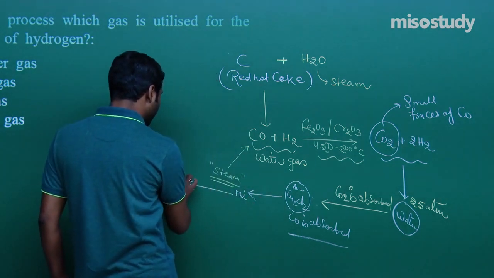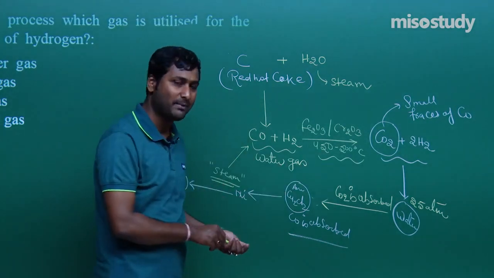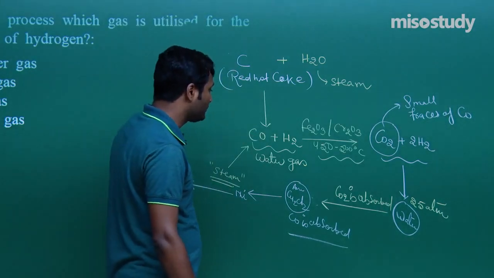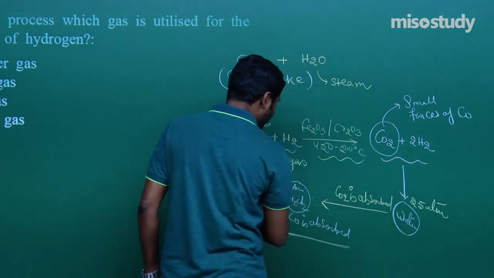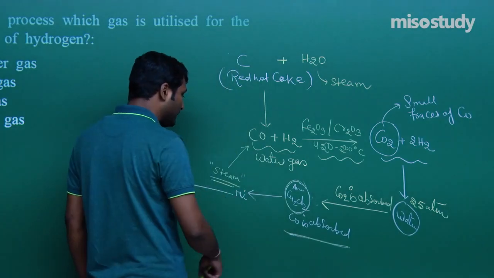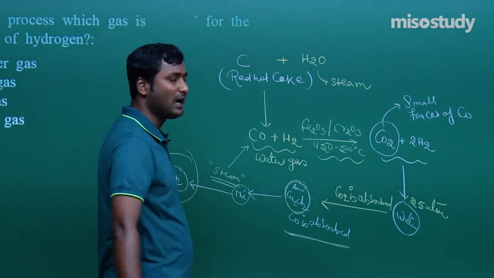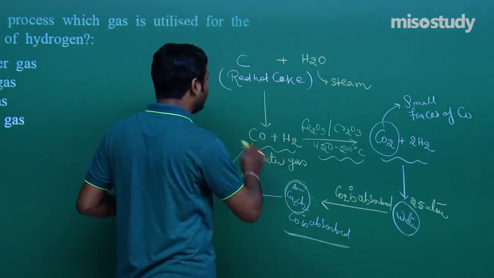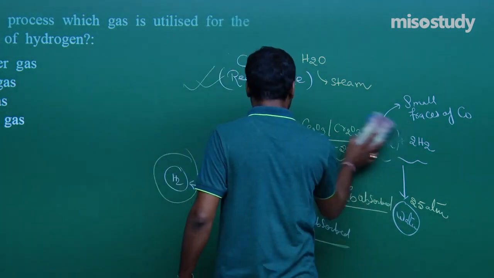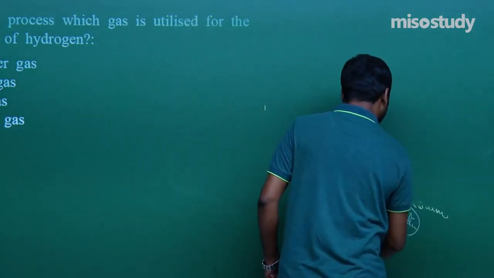Now we will get pure hydrogen. Clear? This is the complete cycle. This process is known as the Bosch process, which is used for the removal of carbon monoxide. First ammoniacal Cu2Cl2 and then nickel, and finally we get pure hydrogen. This is the complete solution of this question. This question is completely theory based. Clear, friend? Now let's move to the next.